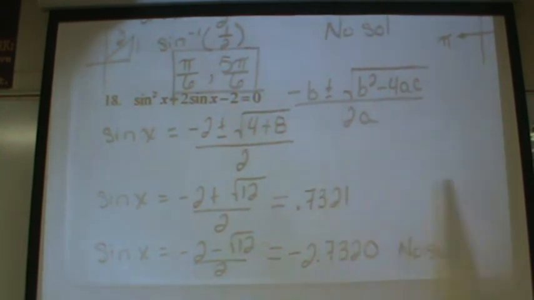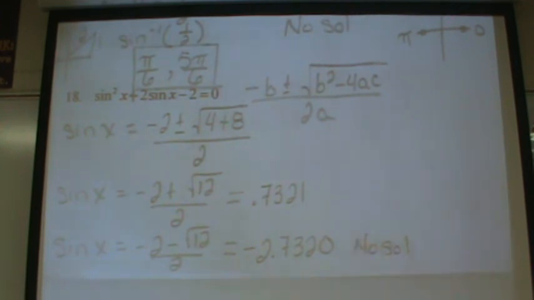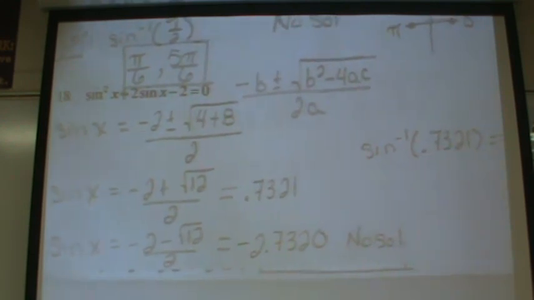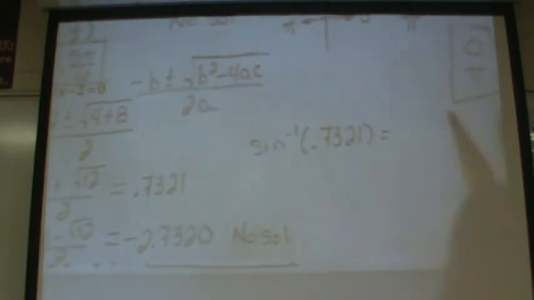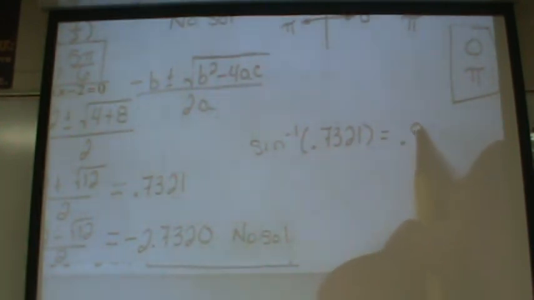But then looking at our first one, we're going to take the inverse sine of that 0.7321, and we're going to get 0.8214.